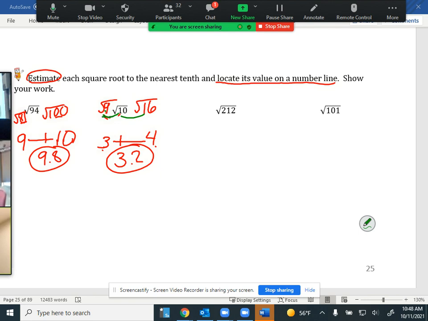If it's closer to the left, you want it on the number line to be closer to the number on the left. If it's closer to the square root on the right, you want it on the number line to be closer to the number on the right. So it's not going to be exact and perfect, but you can get close.